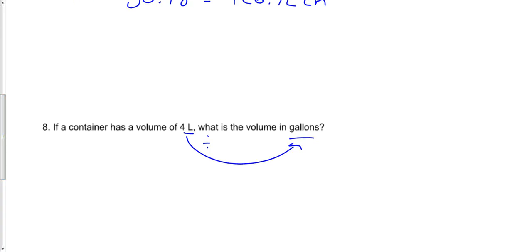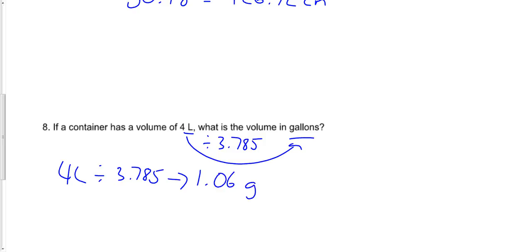So I've got 4 liters, and then I'm going to divide it by my conversion rate of 3.785, and that's going to convert into however many gallons I have. So 4 divided by 3.785 is going to give me approximately 1.06 gallons.